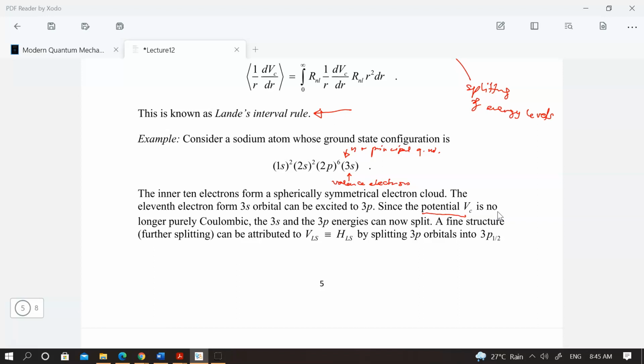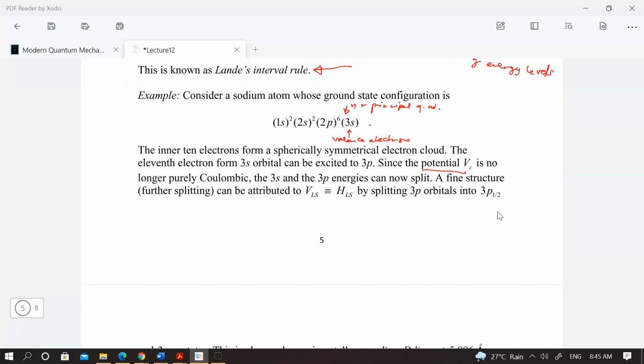Okay. I mean, we are not doing that specifically, but no, it's just an explanation of that. So there will be a splitting between 3s and 3p. But with respect to, say, the p orbital, for example, it will also be split into finer energy lines, finer spectral lines, due to the spin orbit interaction terms.